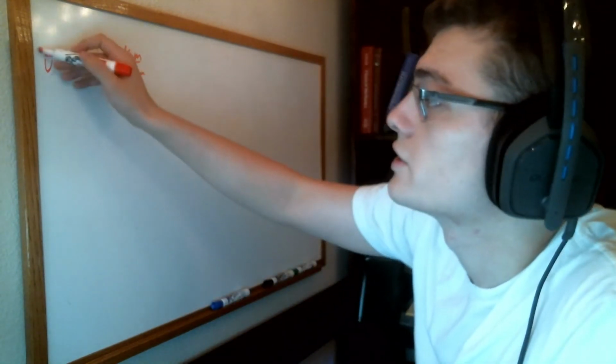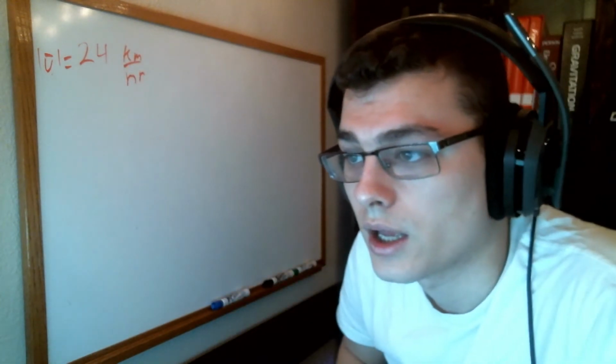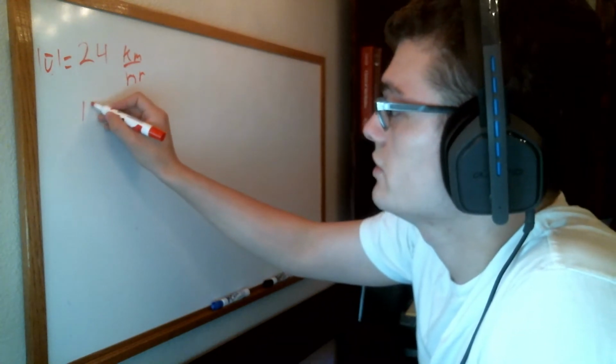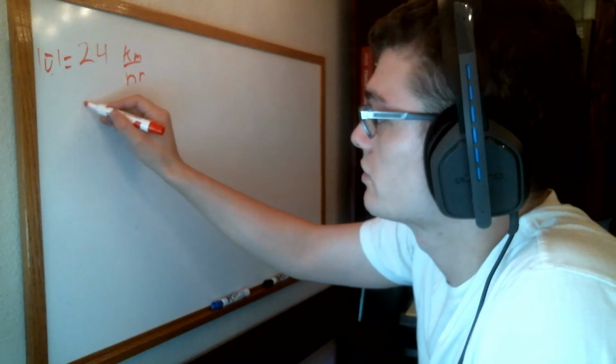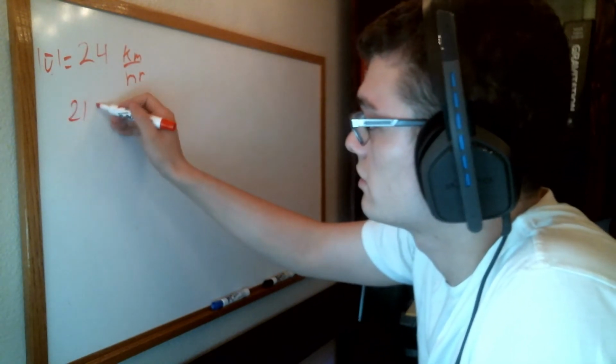And since it's speed, we're just taking the magnitude. We do this for 15 miles, or let's convert that to kilometers. We're going to do this for 21 miles, or kilometers, my bad.